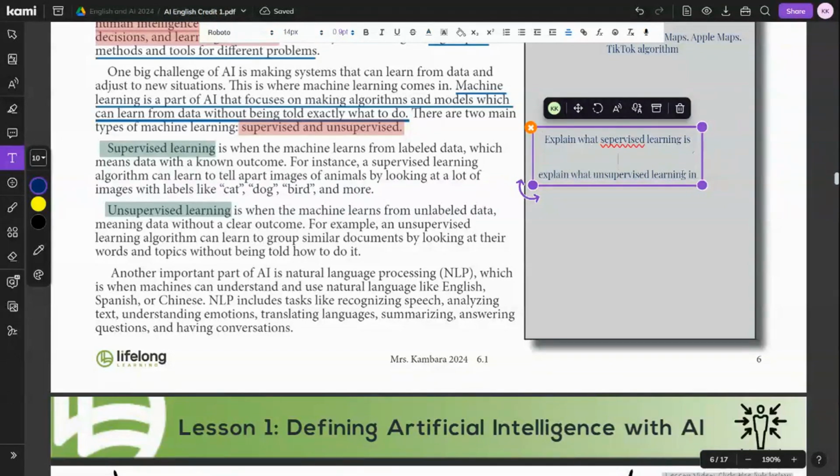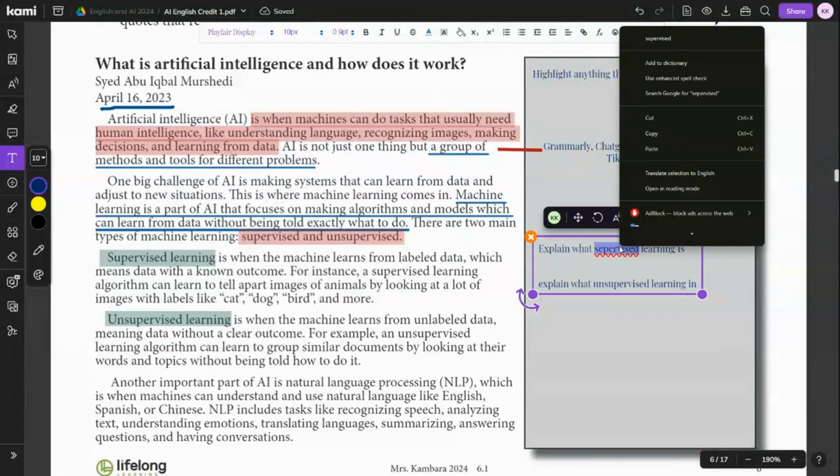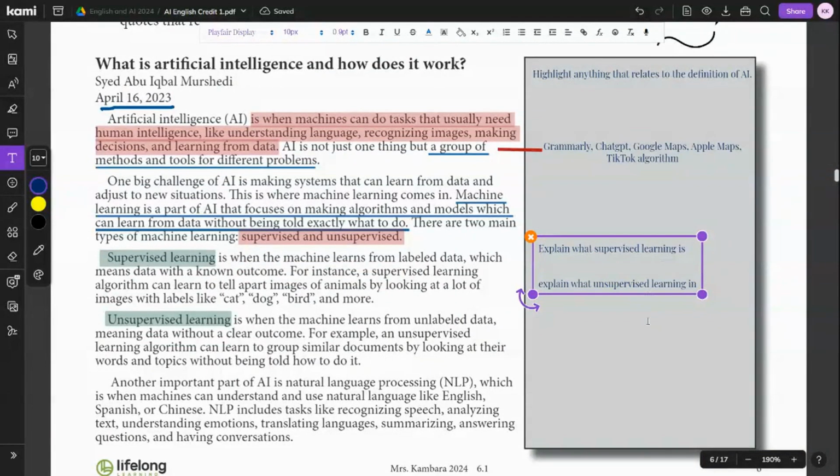Okay, so I want you to read over the 4th and 5th paragraph and then give an example of what supervised and unsupervised learning is. If you still are not completely sure, then go ahead and do a quick Google research so that you can have this down and understand this.